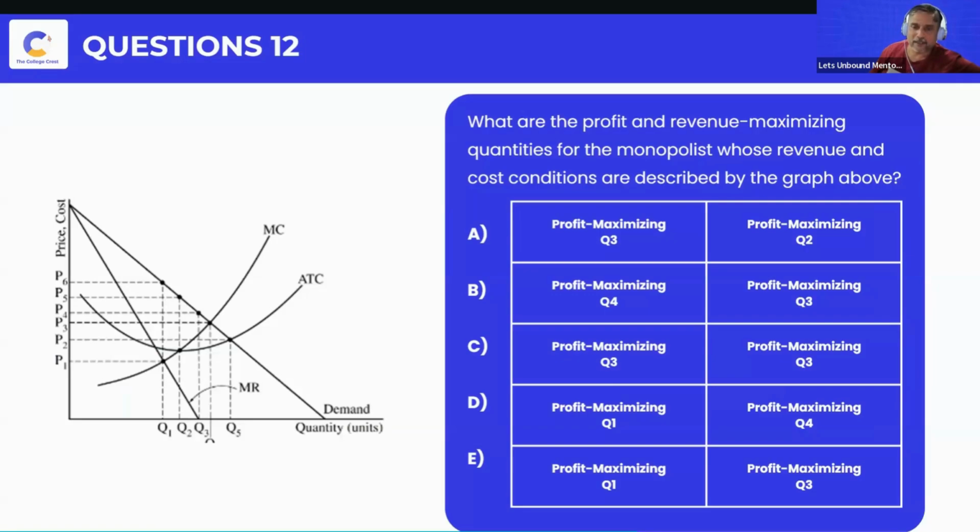So where is the profit maximization point happening? In fact, profit maximization obviously will happen at Q1 and revenue maximization will happen at Q3. So option E here is actually the right answer.